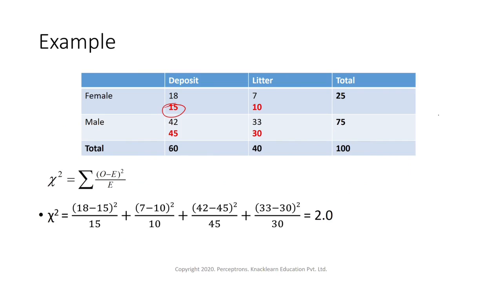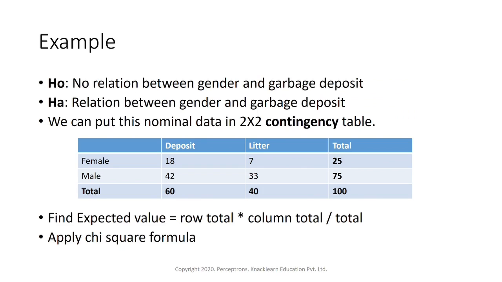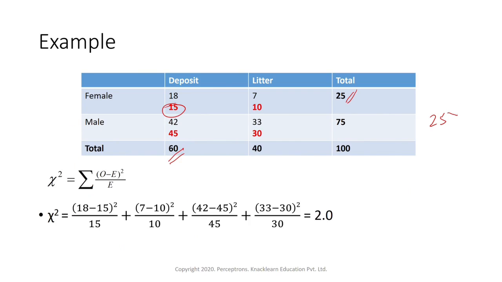The row total is 25 and the column total here is 60. So that will be 25 into 60 divided by the grand total, which here is 100.